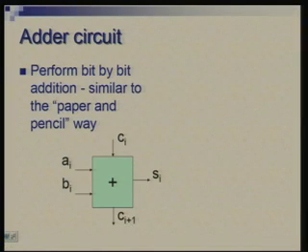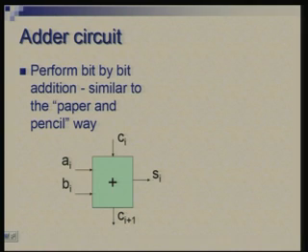Let us say we are talking of the ith bit of 2 operands A and B. Ai and Bi represent the ith bit of the 2 numbers A and B, Si represents the ith bit of the sum, Ci represents the carry coming into this position from the right side, and Ci plus 1 is the carry going to the left side.